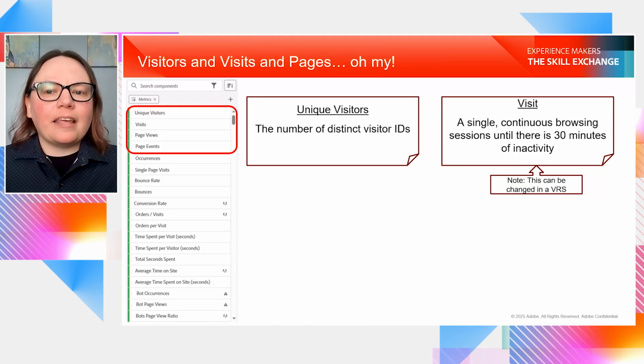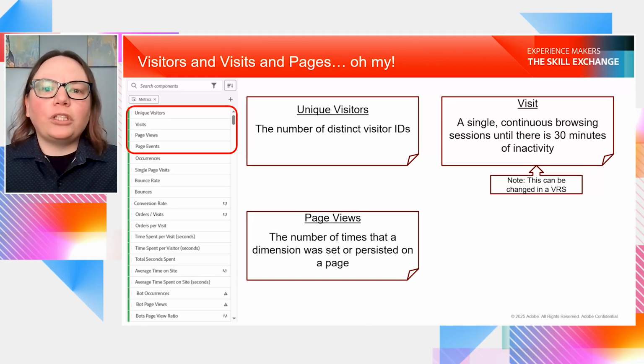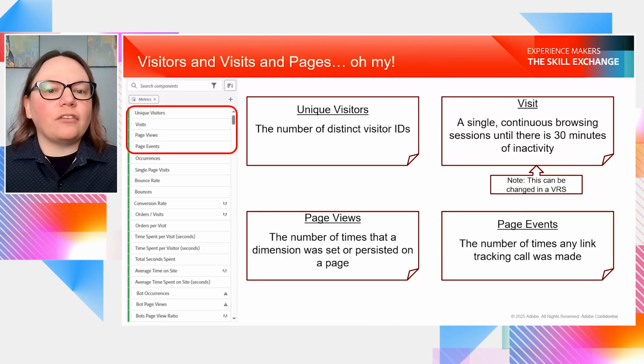When estimating the amount of traffic coming to your site, you're probably going to use one of these two metrics. Some of the other common metrics that you'll see are page views, which is the number of times that a dimension was set or persisted on a page. And finally, page events, which is the number of times that any link tracking call was made. Page views and page events are mutually exclusive. A hit can be one or the other.